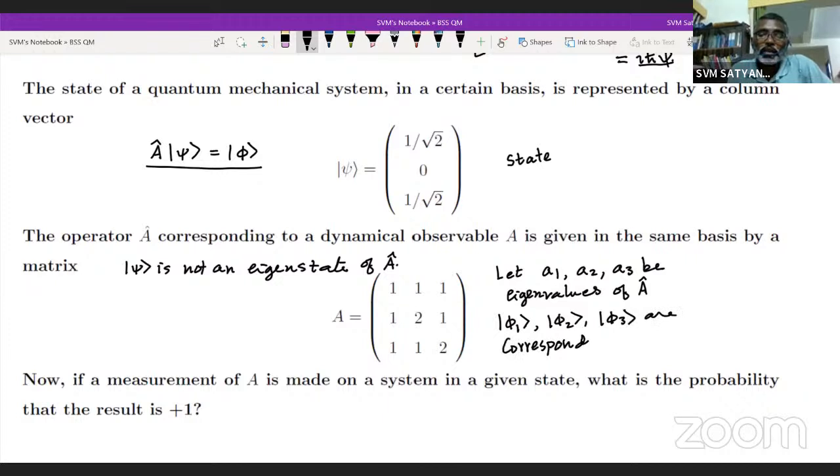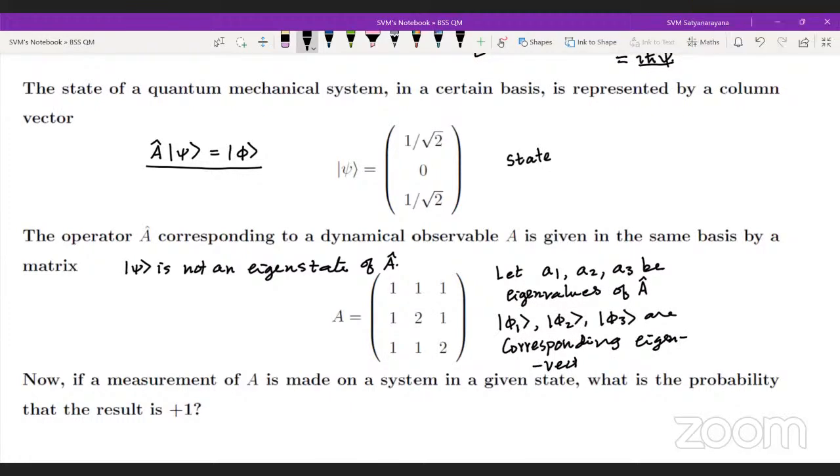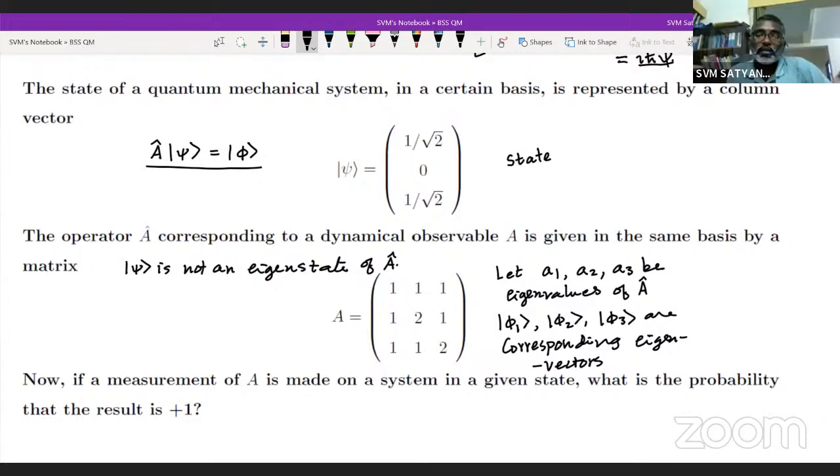If you are given a matrix, you can find out its eigenvalues and eigenvectors. Yes, sir. So let us say we found A1, A2, A3 are eigenvalues and phi1, phi2, phi3 are eigenvectors. That means A acting on phi i is equal to A i phi i, with i equal to 1, 2, 3. Given a matrix, we can find these things out. Correct?